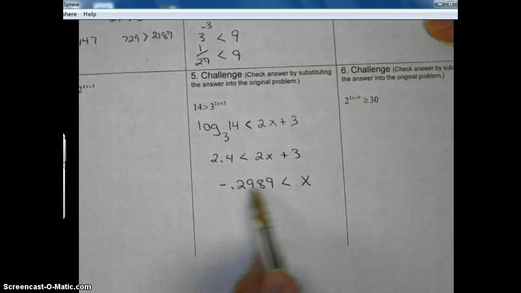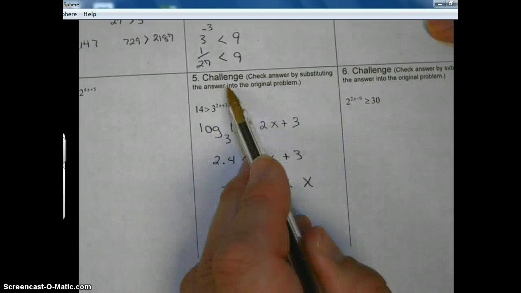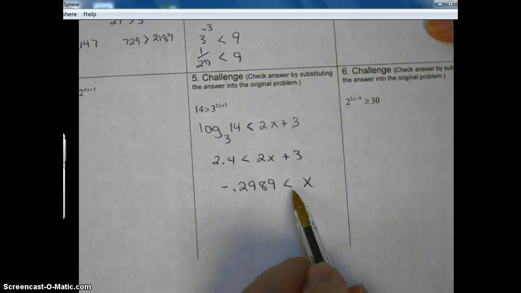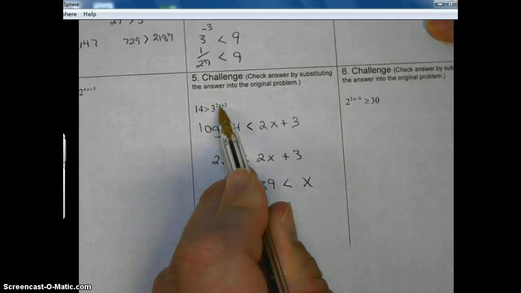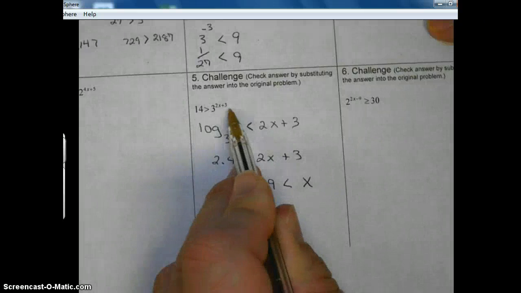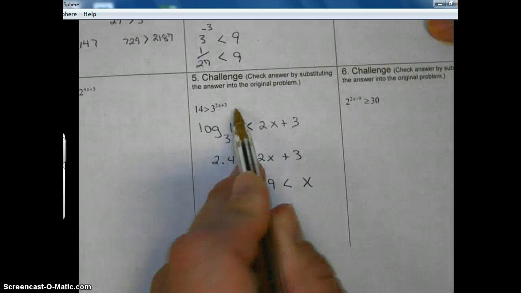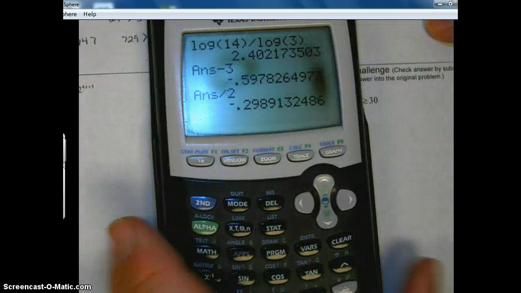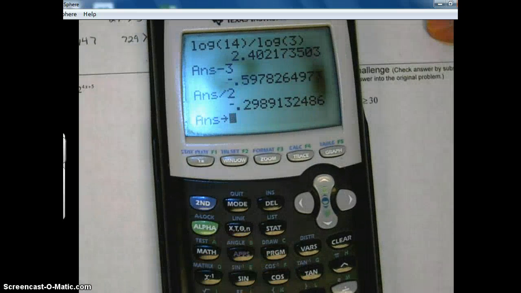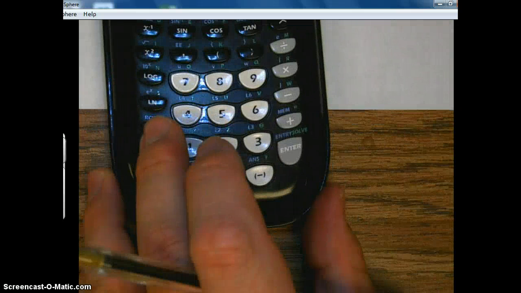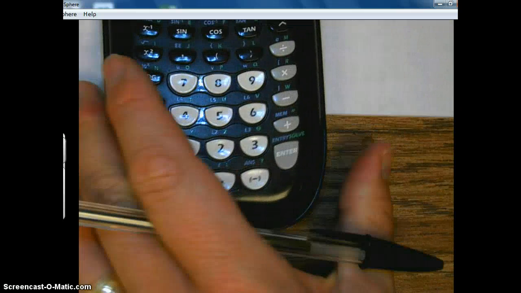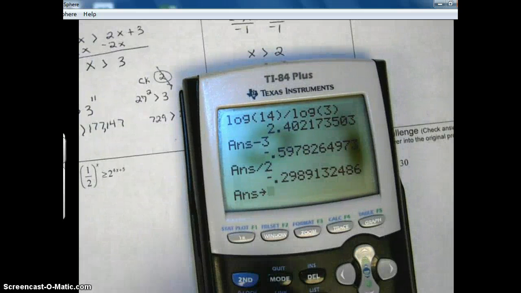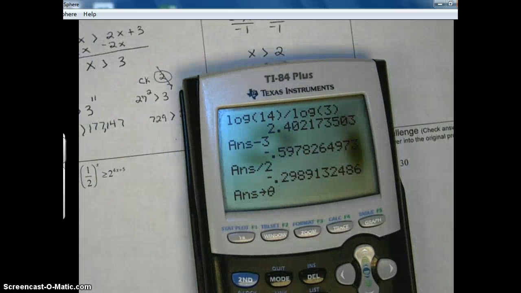So let's substitute our answer. It says check answer by substituting the answer into the original problem. The problem is that there's no equal sign here. So if I plug the answer in, this should actually come out to be equal. Okay, let's see what we get. So what I'm going to do is take my answer and store it. So I press the store button that's down here. Okay, I'm going to store my answer in X. Oh, I'm in Polar.